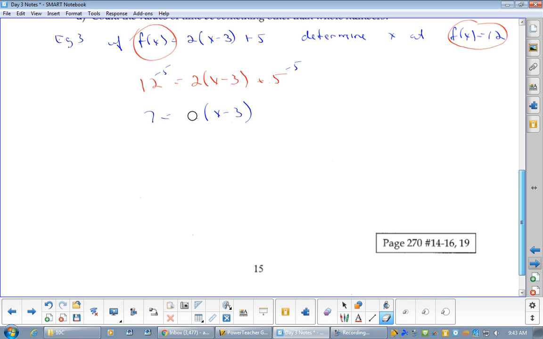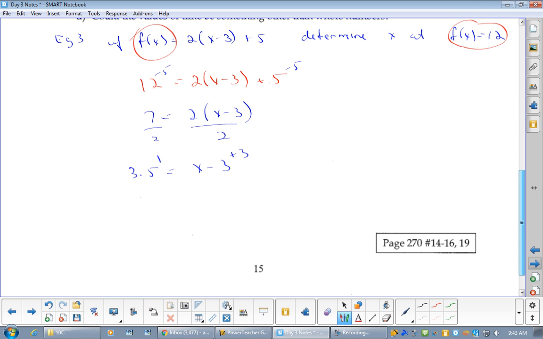Then what should we do? Divide by 2. Okay, and we'll change this one to decimal. We got 3.5 equals x minus 3. Then what?